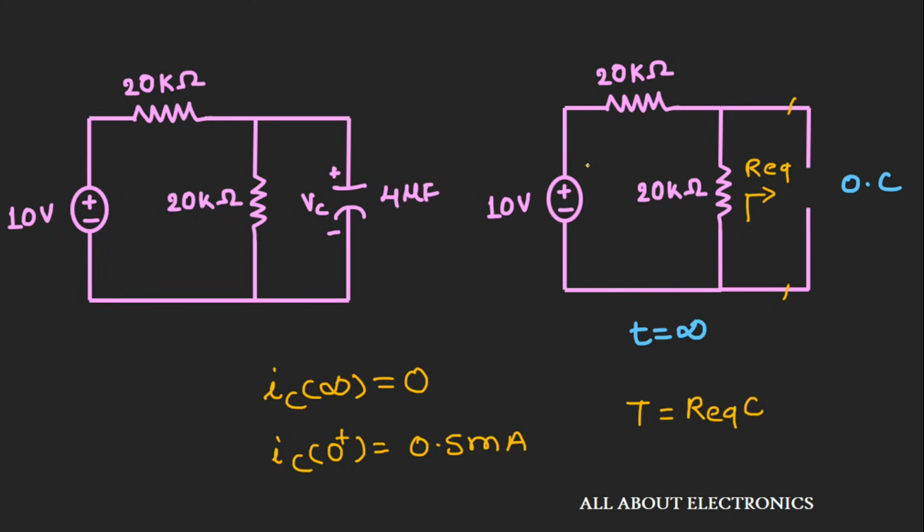So this voltage source will act as a short circuit, and hence R equivalent is nothing but a parallel combination of these 20 kilo ohm resistors. So R equivalent is 20 kilo ohm in parallel with 20 kilo ohm, which comes out as 10 kilo ohm.